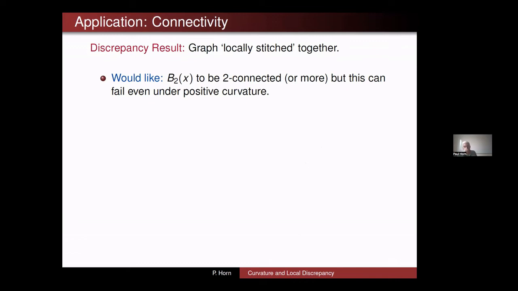Another nice aspect of this is that it's in some sense talking about how the balls around points, these radius 2 balls, are stitched together. One thing that you might like is to take this ball around a point and say it's actually quite well connected. Perhaps it's 2-connected or more. And actually, even under positive curvature, this isn't necessarily true.